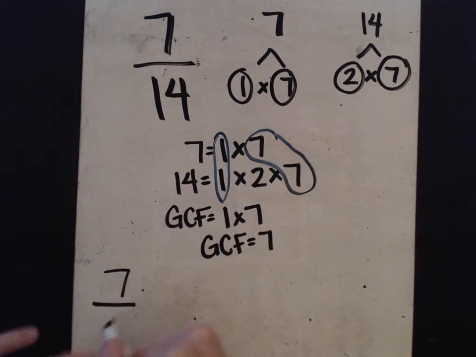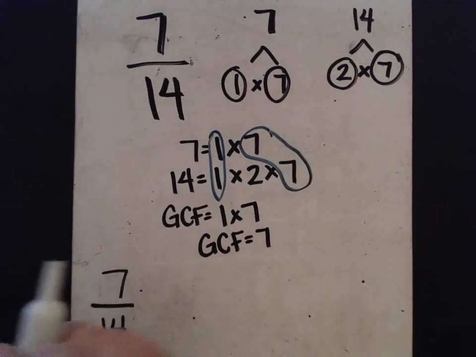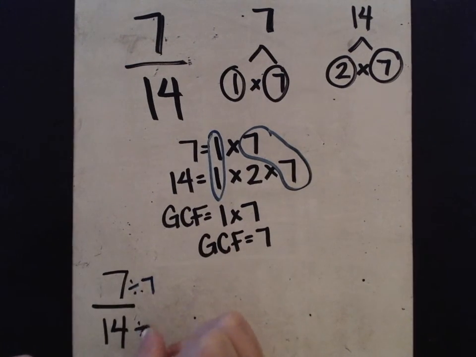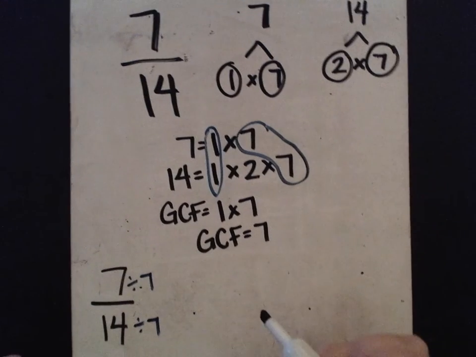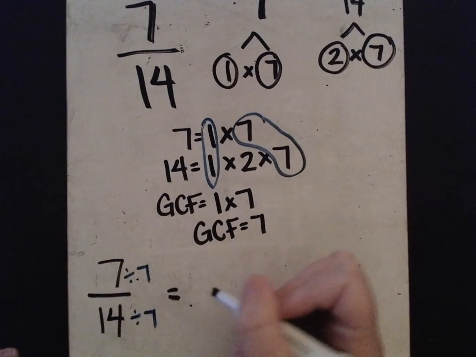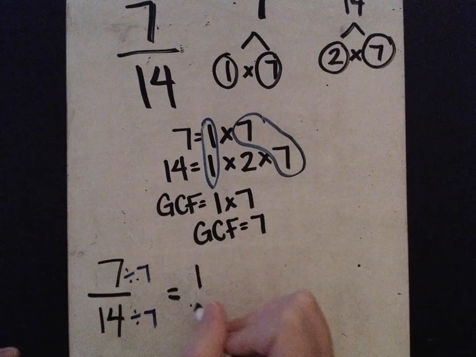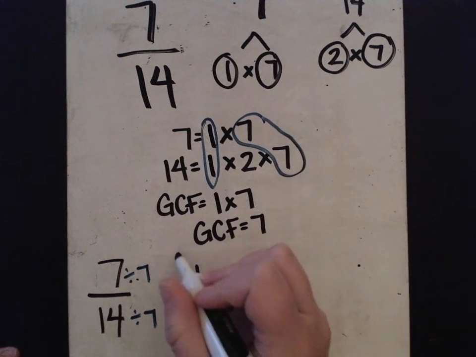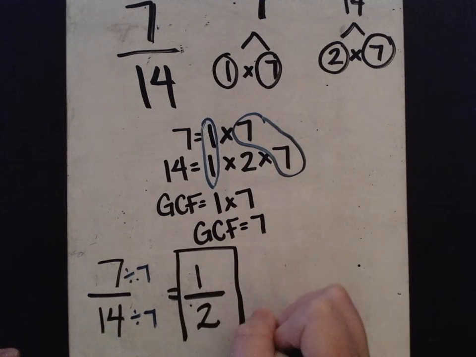So 7/14. I'm going to divide my numerator by 7 and my denominator by 7. 7 divided by 7 is 1. 14 divided by 7 is 2. So 7/14 in simplest form is 1/2.